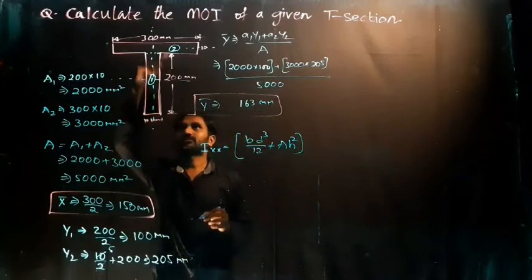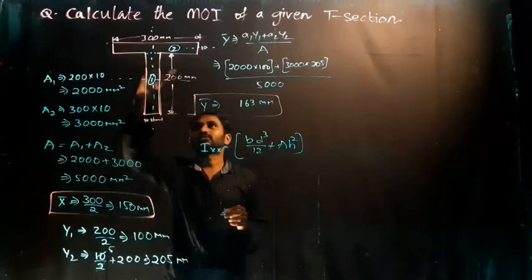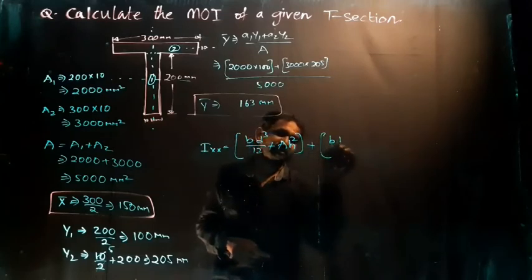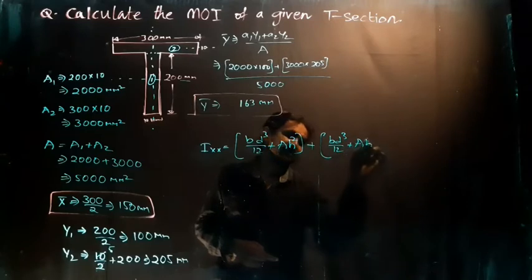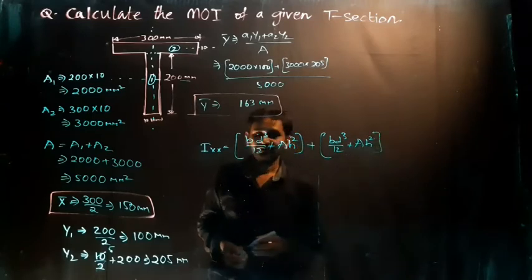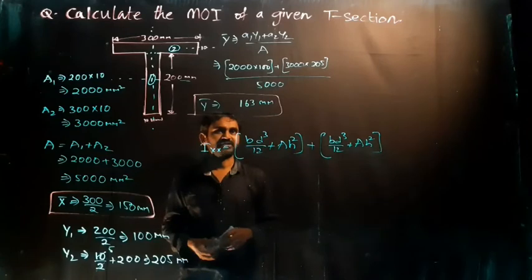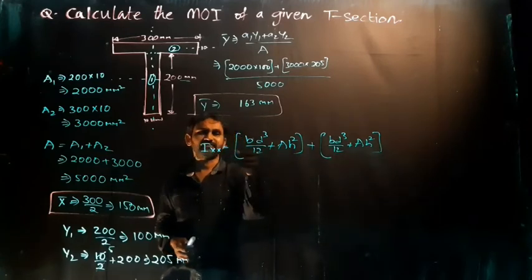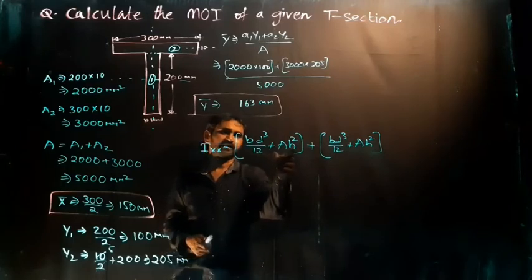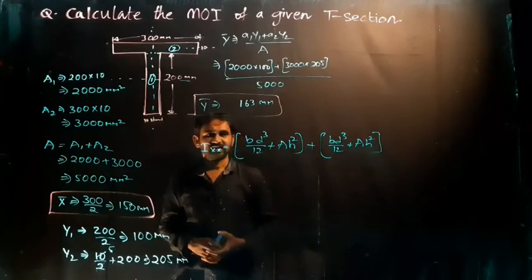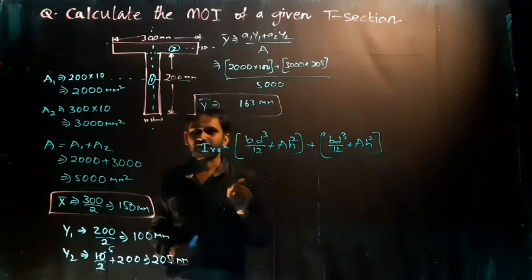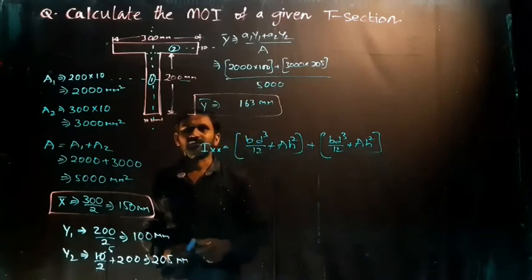We have two sections here, so it is BD cube by 12 plus AH square plus BD cube by 12 plus AH square. Here we have B, D, and A. Then what is H? H is nothing but y minus y bar, or y bar minus y1.